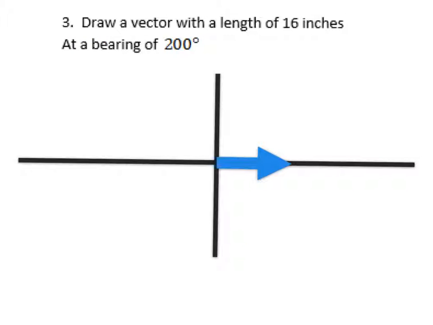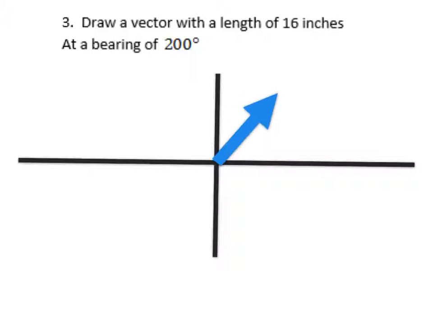Number 3, I want to draw a vector with a length of 16 inches at a bearing of 200 degrees. Since there is no north, south, east, west on here, you're going to take your vector and start off north and veer off 200 degrees. You're always going to rotate clockwise for these.